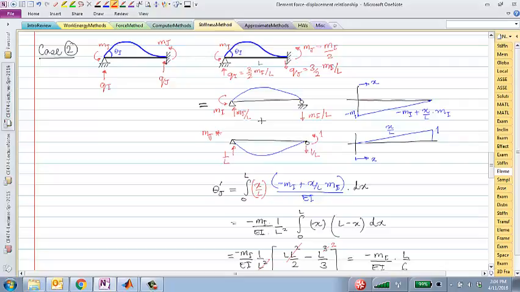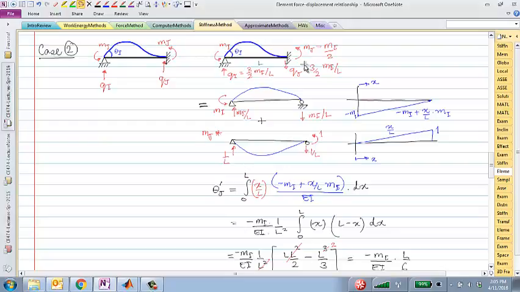Now we still haven't correlated mi with the rotation. So how can I find that? How can I find rotation if I know all the other things? No, the table does not help me there, because all of these things in the table are determinate structures.